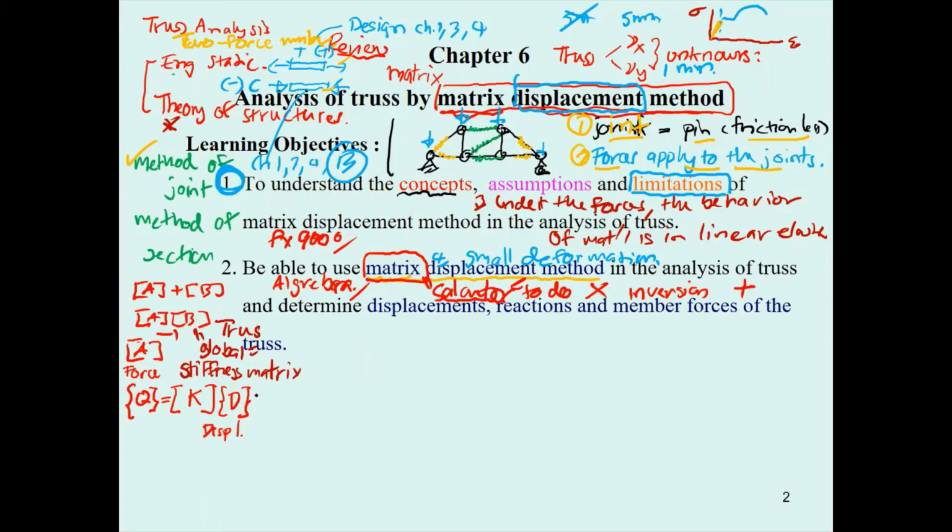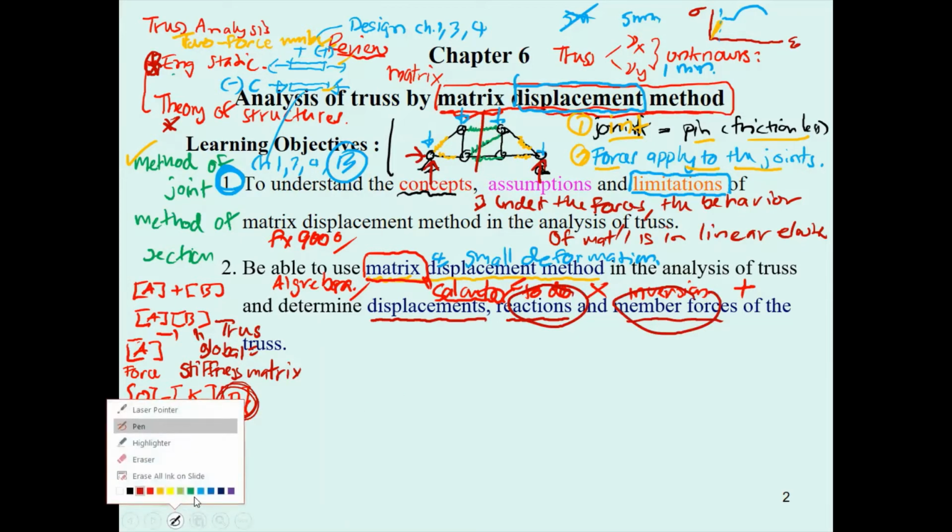And then based on this, you're going to find the displacement. That means you start by determining this matrix, okay? And later you use this to determine the reactions and the member forces. This is going to be different from what you studied in engineering statics, right? Yes, in engineering statics, you start by computing the reactions, and then you cut a section to determine the member forces.